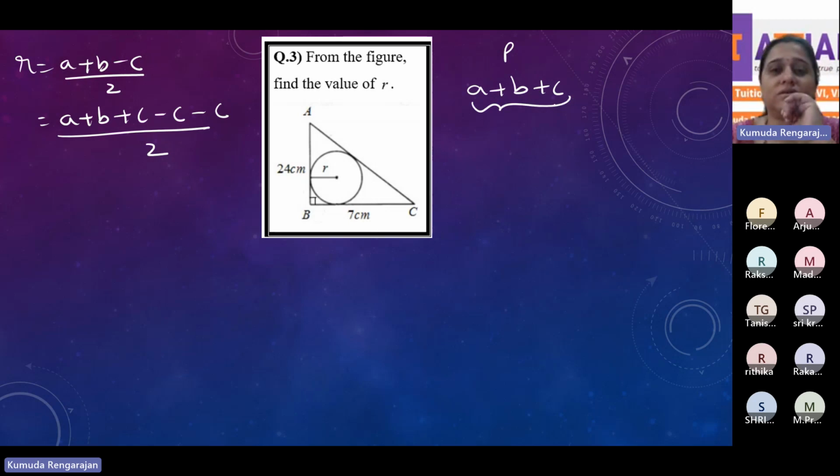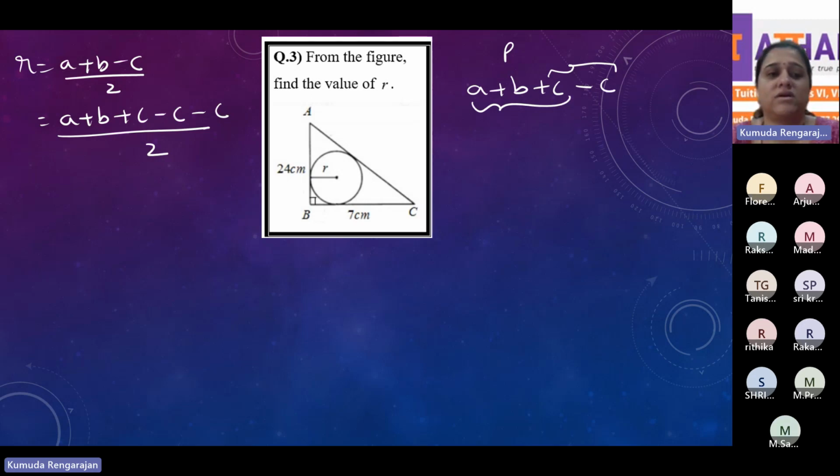But how can you simply add c like that? If you add c, you should also subtract c. When you add something, subtract the same thing. So you added c, then you remove it, so that minus c, which is already there, stays as minus c, all by 2.